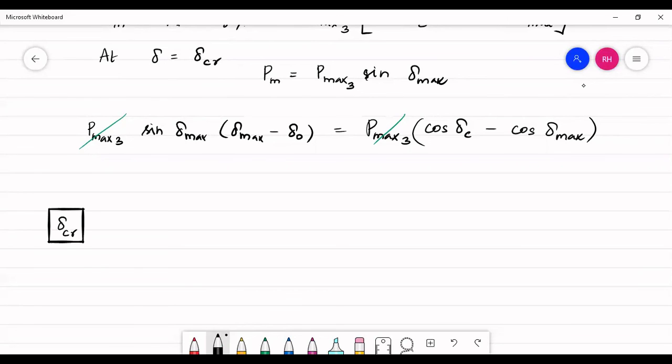And knowing the value of delta CR, we could also calculate the value of the critical clearing time. Thank you.